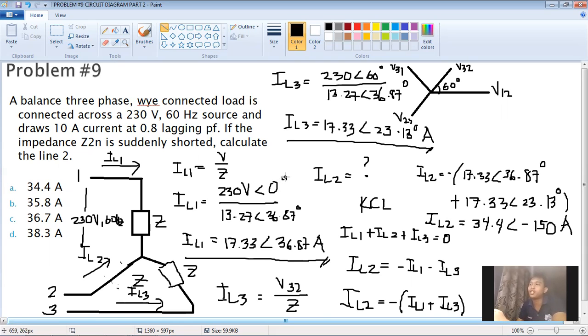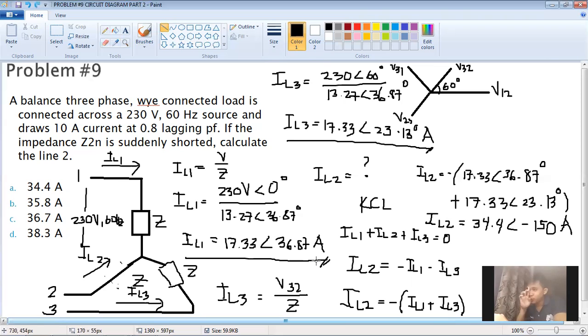All over Z. Since our Z from the previous solution is 13.27 angle of 36.87 degrees, upon calculation, the current in line 1 will be 17.33 angle of 36.87 amperes.